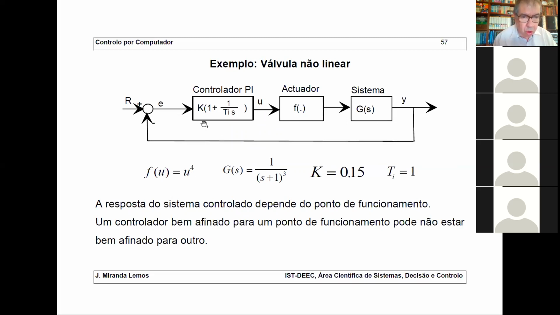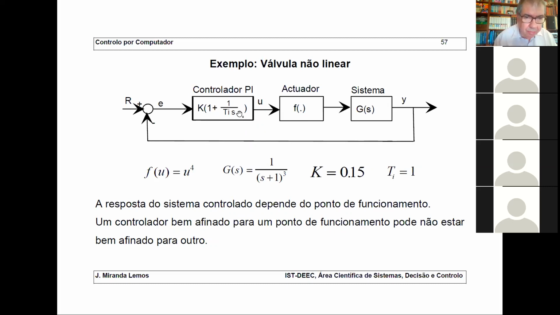So when your controller applies a command which is U, then the actuator responds and applies to the system a stimulus which is U to the fourth. This is just a mathematical example, but actually you can find many of these situations. And we use a PI controller here, and we tune the PI controller.